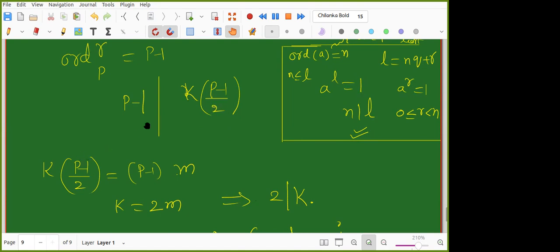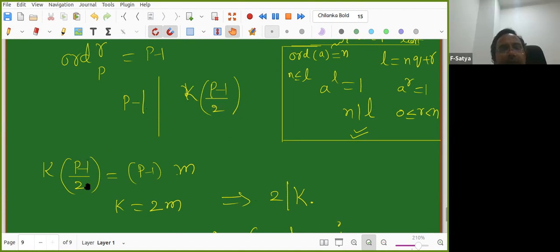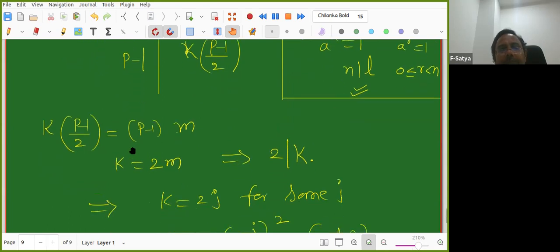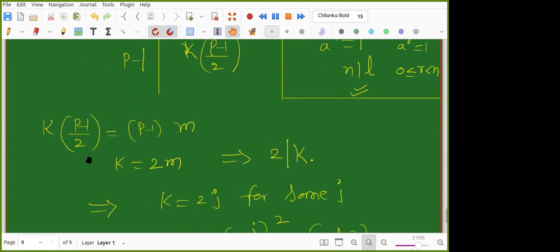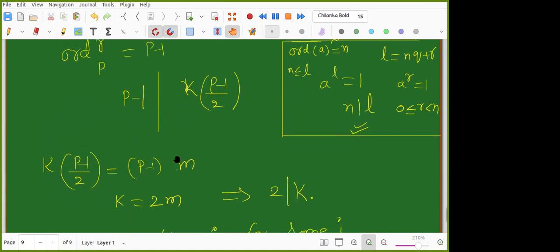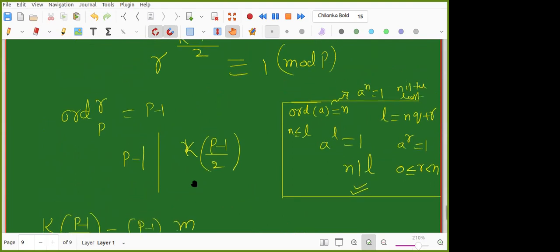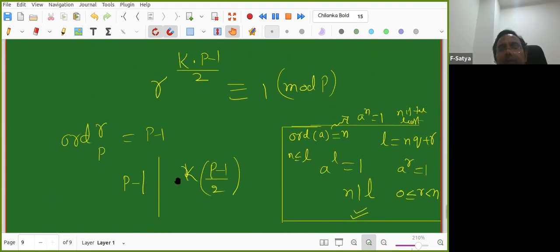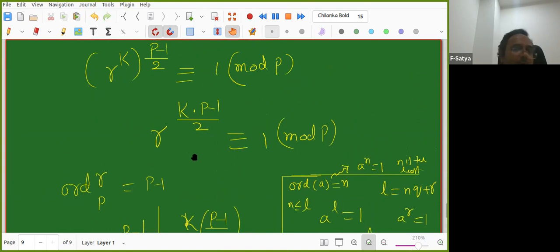Now p-1 divides this, which is also not a problem. What if this whole quantity was less than p-1? That would happen if k was 1. No, I'm not looking at whether k equals 1 or not. I want to show that k is even, so I'm not assuming anything; I just took k.